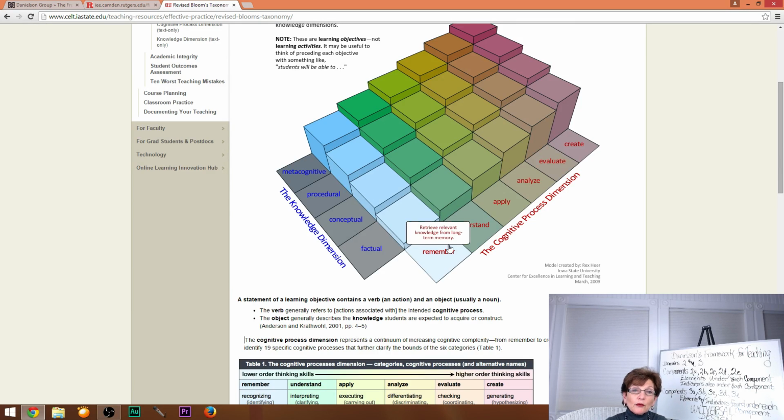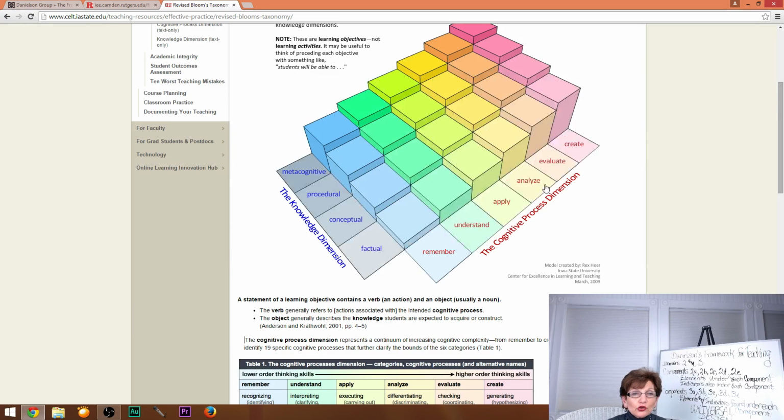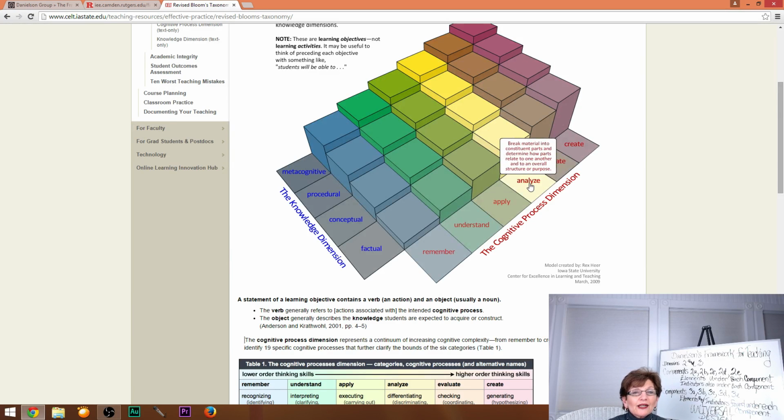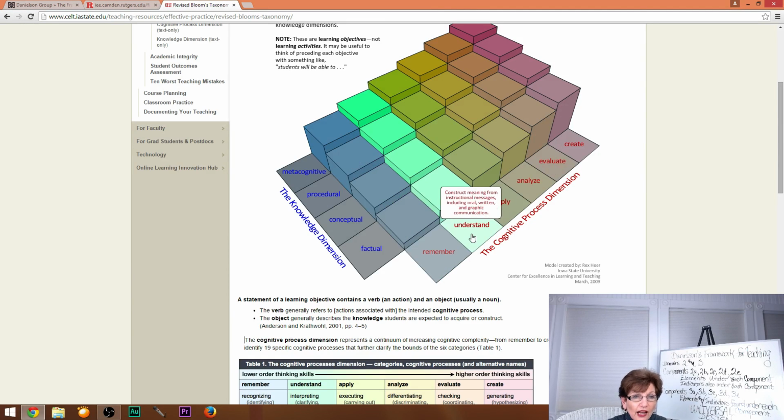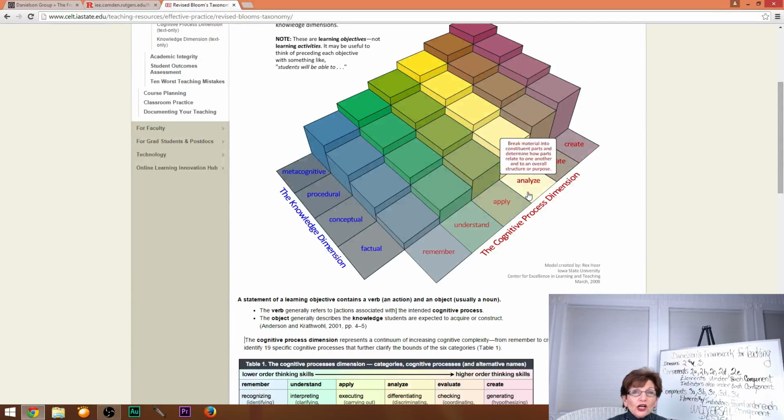So, if you are studying a concept, and you believe that your students are ready for analysis, which is breaking material into constituent parts and determining how these parts relate to one another, that's not easy to do. As you can see, it's a higher level of the cognitive index.